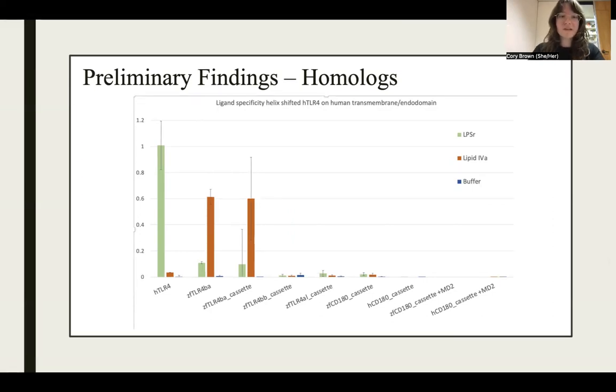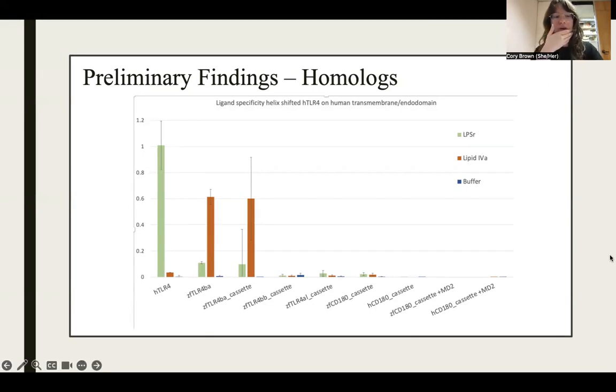It would be nice to be able to see which ligand version of LPS they responded to, to help create an idea of what the ancestral protein may have looked like. But even with placing the human TIR domain on them, I got very little signal and not enough to be significant in telling us what it responds to.